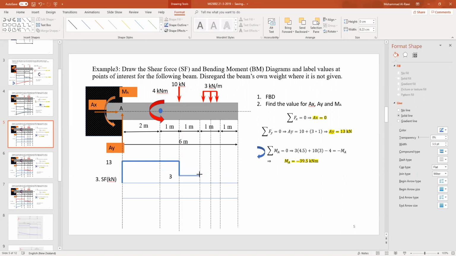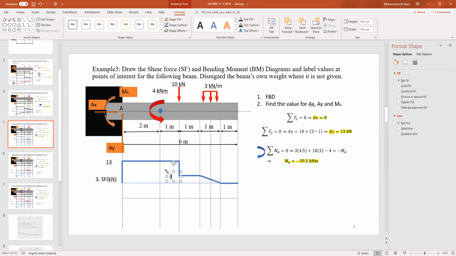And then that UDL would go as a slope downwards, which is 3 minus 3, and that will give me the 0 value. And then the remaining of that will be just the 0. So I just need to be careful here and to show there is a 0 starting from this point, okay?